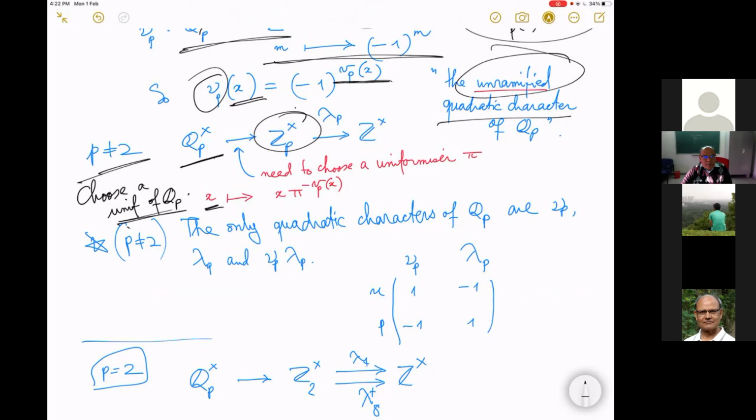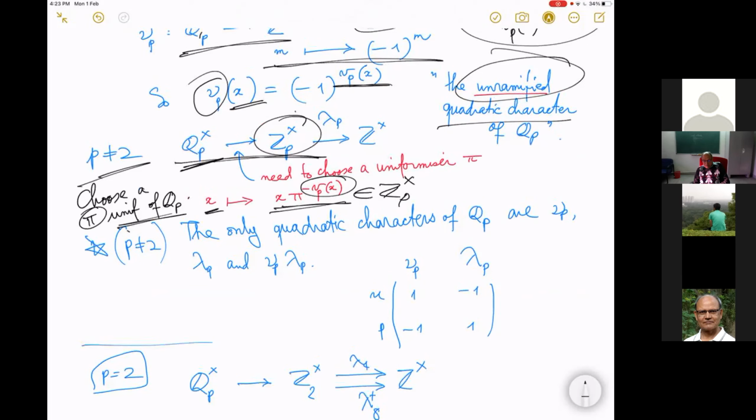It sends x to x times pi to the power minus vp of x, so that this is in Zp star. Okay, so I have this map sending x to x times pi to the power minus vp of x from Qp star to Zp star.